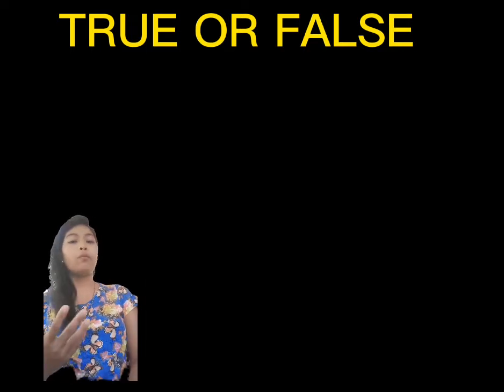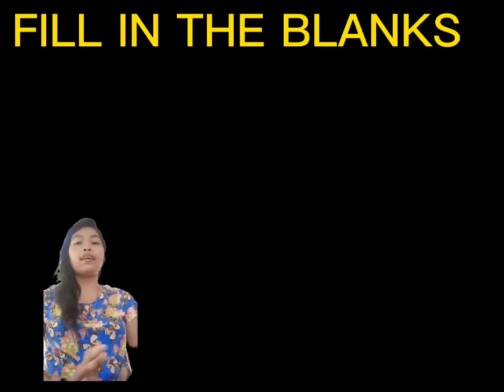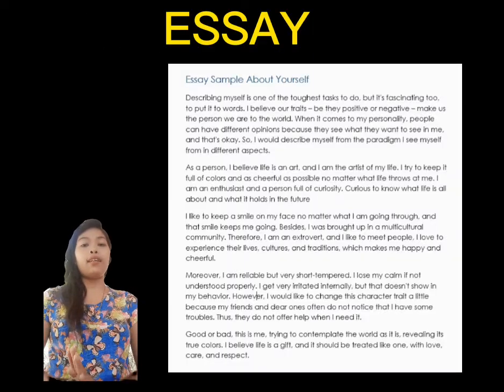So, dalawa lang yung pagpipilian, 50-50% chance. Third, matching type, fourth, fill in the blanks, and lastly, essay. And one more thing to remember, they have lots of forms of assessment to determine if natuto ba yung mga students.